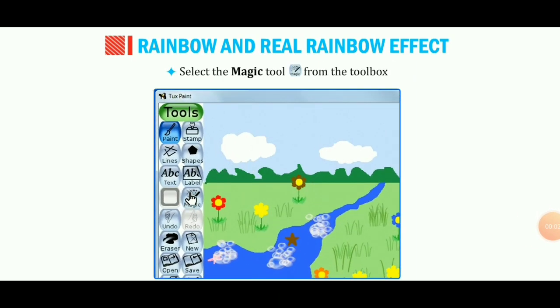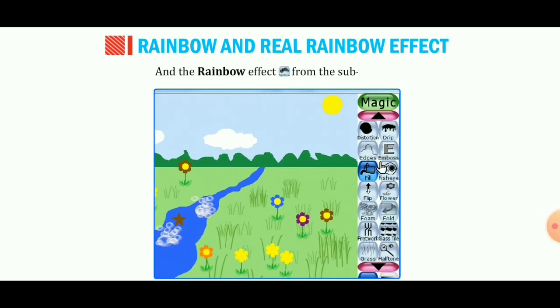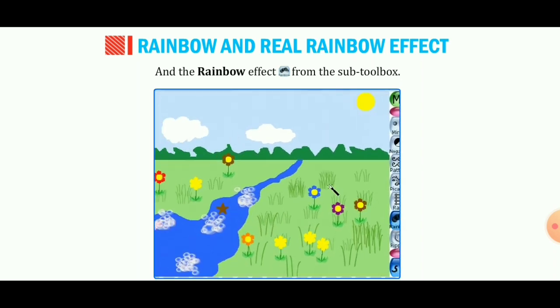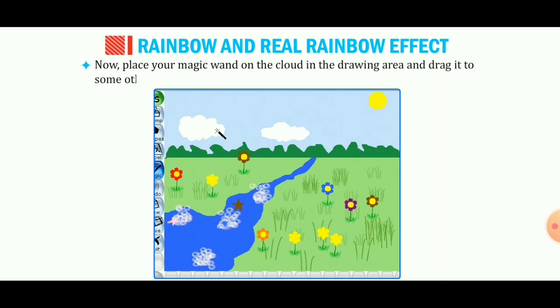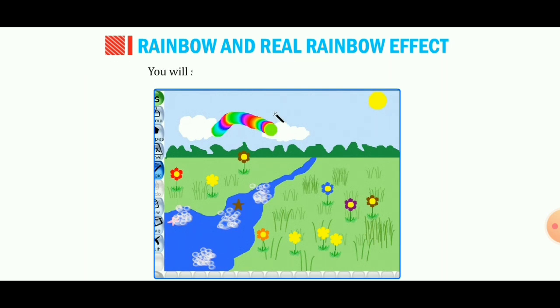Select the magic tool from the toolbox and the rainbow effect from the sub-tool box. Find it? Yes, here it is. Now place your magic wand on the cloud in the drawing area and drag it to some other point in an arc shape. You will see a train of rainbow colors as you draw.